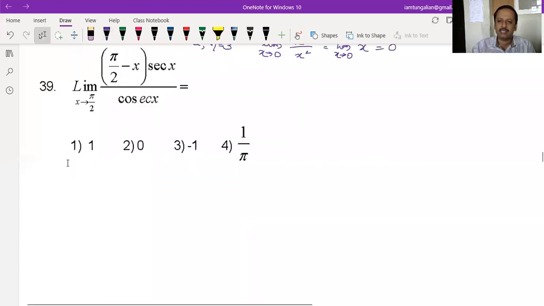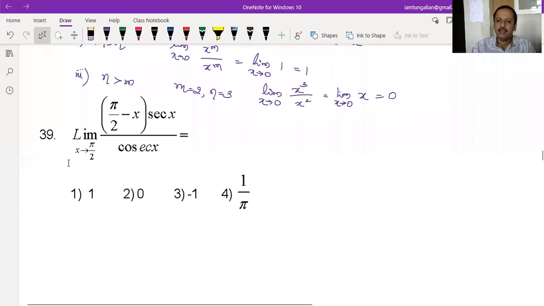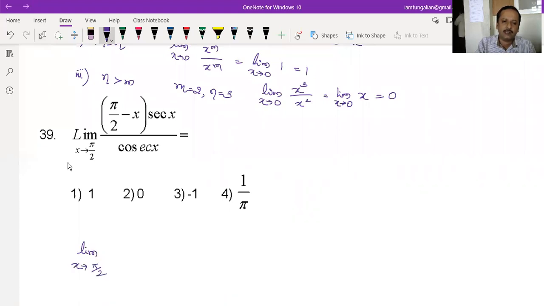Okay. Next. Limit x tends to pi by 2, pi by 2 minus x into secant x divided by cosecant x. In this case, I will write secant x as 1 by cos x, and I will write cosecant x as 1 by sin x.